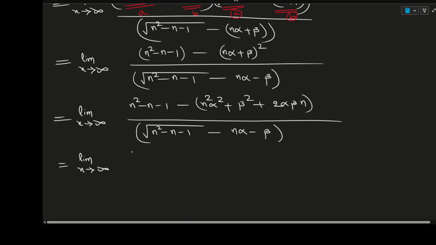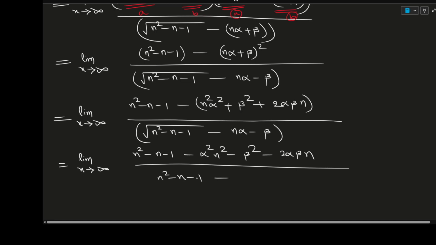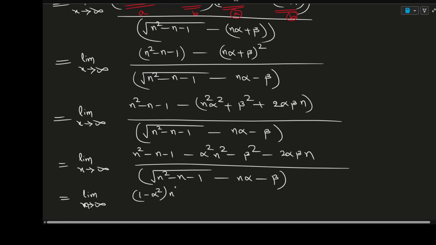So now I will open the bracket first. So it will be, okay, 1 minus, sorry, it will be 1 minus alpha square n square.